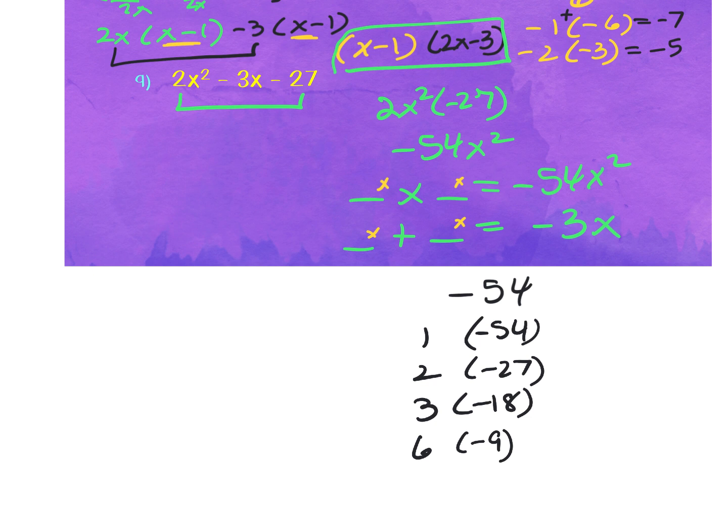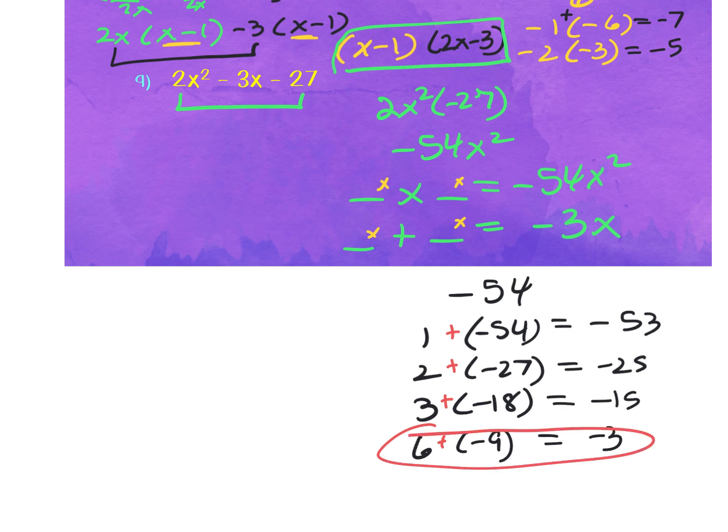And then now add them. And the one that will give me negative 3, this gives me negative 53, negative 25, negative 15, and negative 3. So my combination here is the positive 6 and the negative 9. So 6x and negative 9x. And then when you add them, you do get the negative 3x.